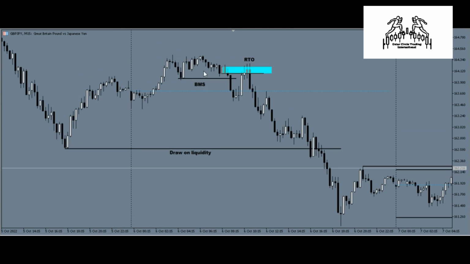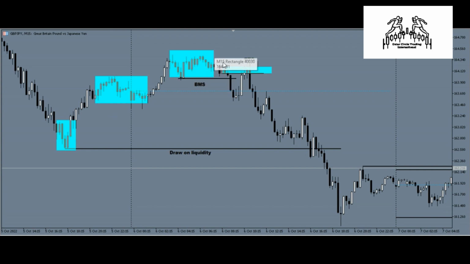And I've also spoken about how you identify, let's say this move has not yet happened, you have to identify your sell model. What do you see? You see accumulation, reaccumulation, and distribution.